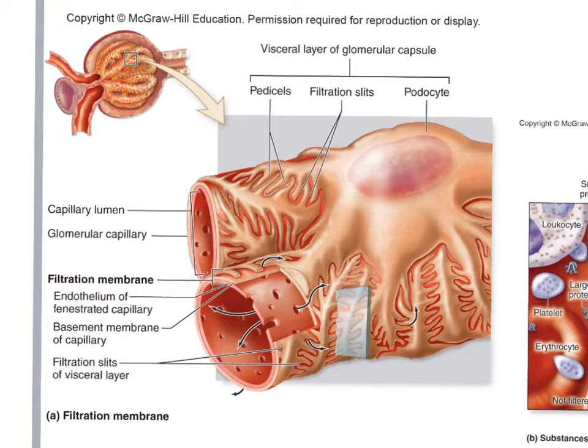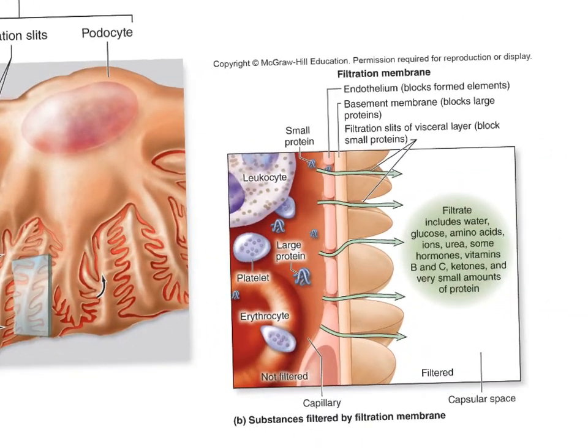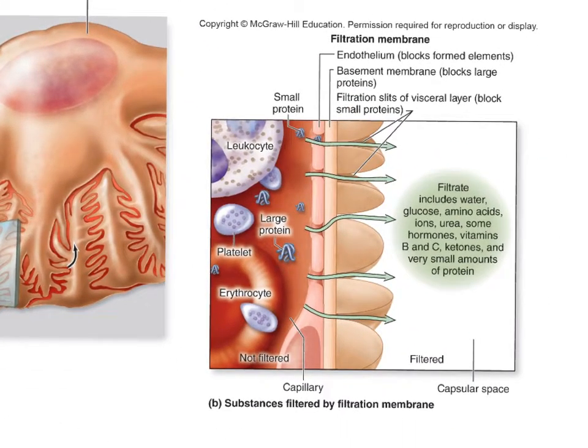So the podocyte, in conjunction with the endothelium of the glomerulus and the basement membrane of the capillary, make up what's called your filtration membrane. This is what it looks like over here. On the left, you have the blood that's running through the glomerulus, and then you have your filtration membrane.